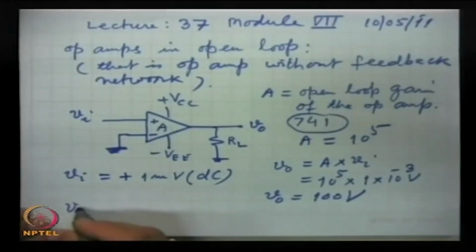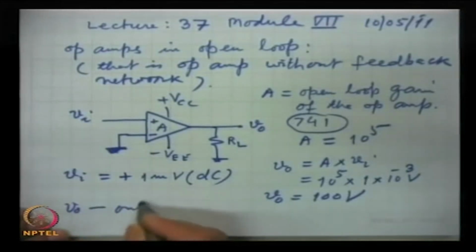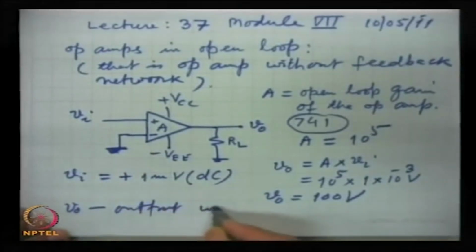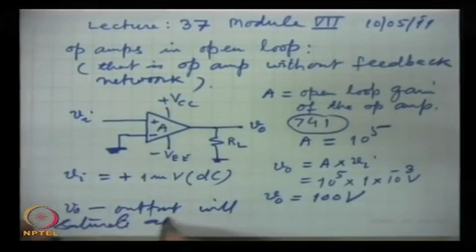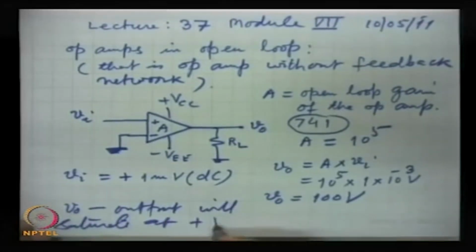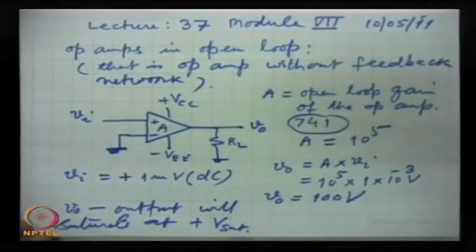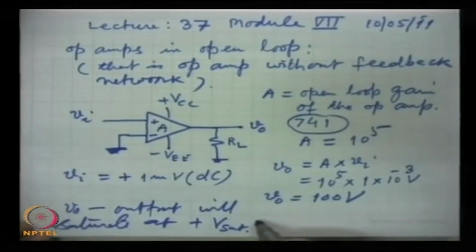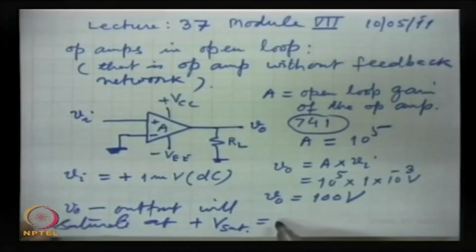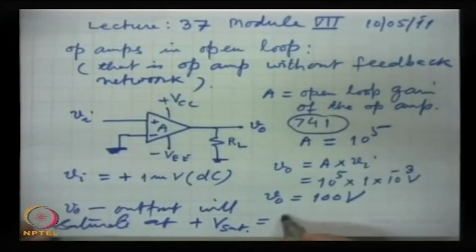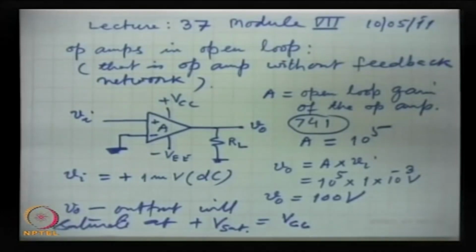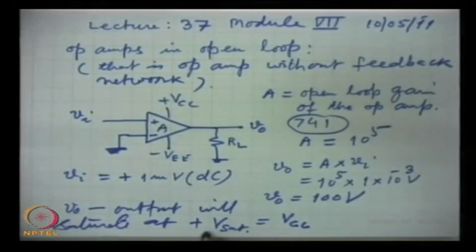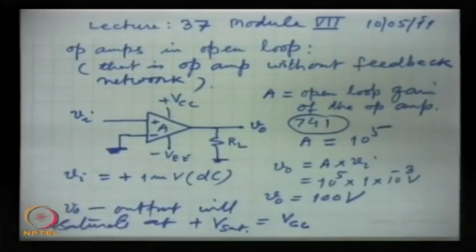Output V out will saturate at plus V sat, and V sat normally will be slightly lower, but of the order of VCC. If VCC is 15 volts, then plus V sat will be roughly 14 or 14.5 volts.